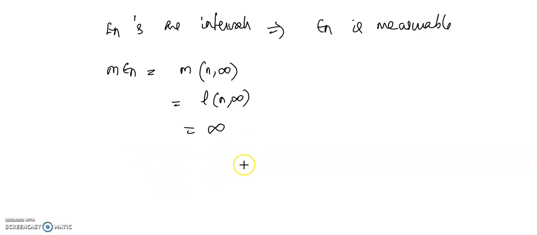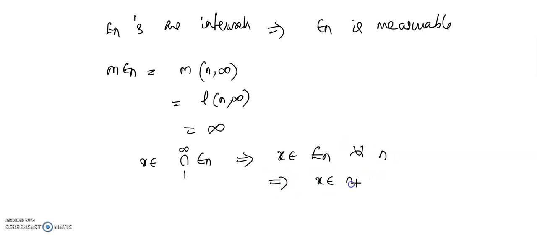Now it remains to show that intersection 1 to infinity En is equal to 5. Now if x belongs to the intersection of En, that means x belongs to En for all n. So that means x belongs to n to infinity for all n. So that means x is greater than n for all n.